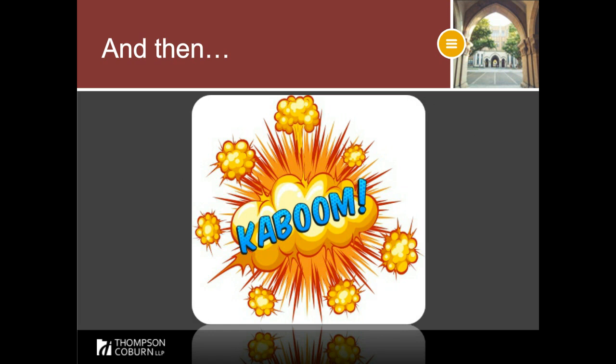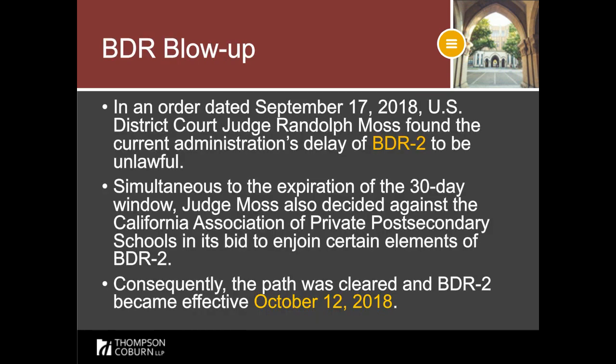So there was sort of a blow-up, right? In an order dated September 17, 2018, District Court Judge Randolph Moss, first of all, found the current administration's effort to delay BDR-2 to be unlawful.